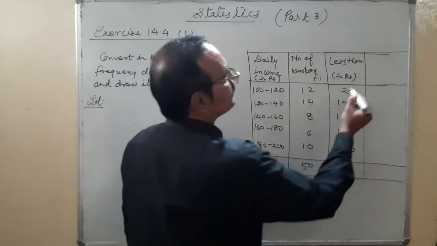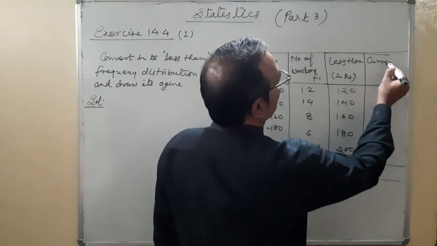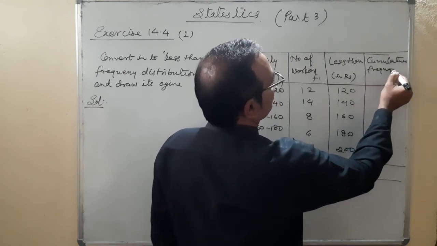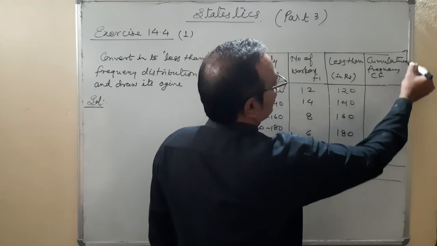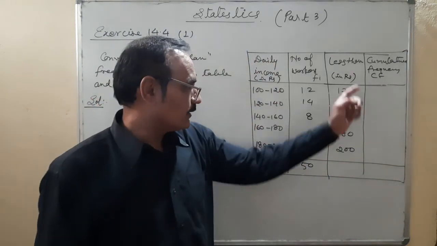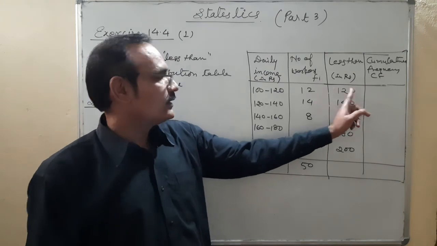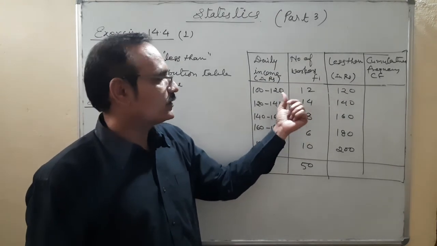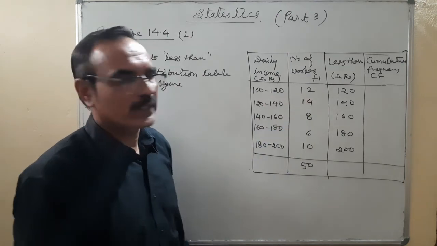Next, cumulative frequency, CF. Again you understand one thing. Less than 120, we have a frequency of only 12. So less than 120, I write 12.